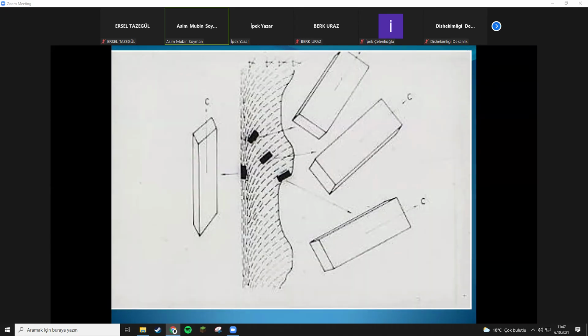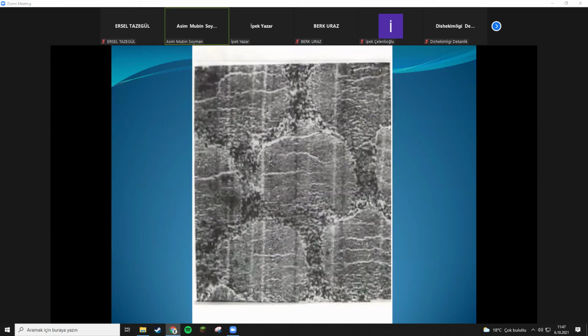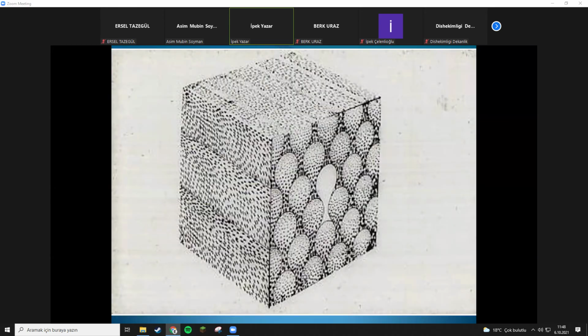This one? No, before that slide. Yeah, this one. I couldn't understand the relation between these lines and its permeability and caries progression.